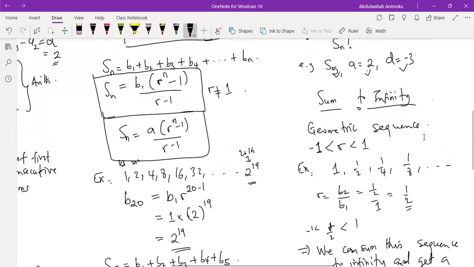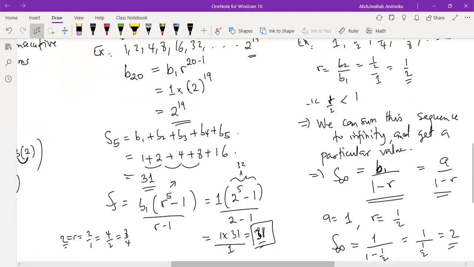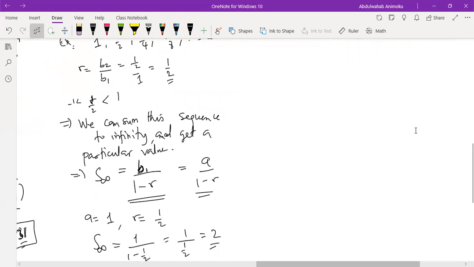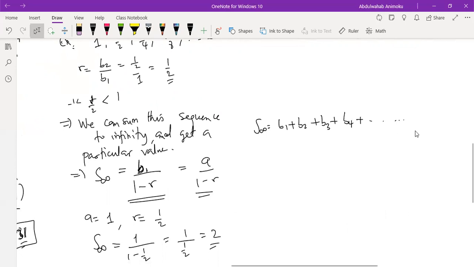So let me express what the sum to infinity means. It means when I add all the terms of this sequence, not up to n, but up to infinity. The only time I can add the terms of a geometric sequence up to infinity, and have a value, is if the common ratio is between 1 and -1.